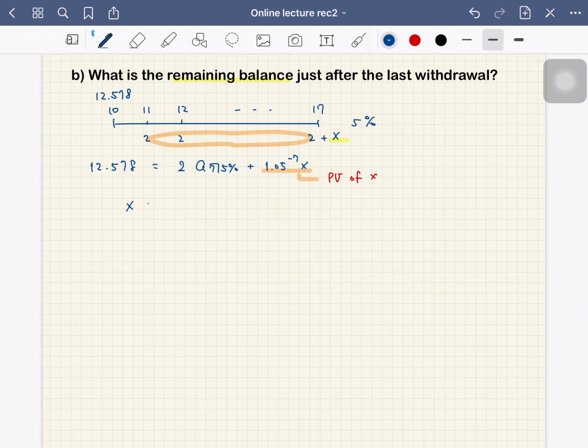So x is equal to 1.05 to the 7th power times 12.578 minus 2 a angle 7 at 5%, after we move this 2 times a angle 7 to the other side. So this becomes 1.41. So the answer is $1.41. So the remaining balance is $1.41.